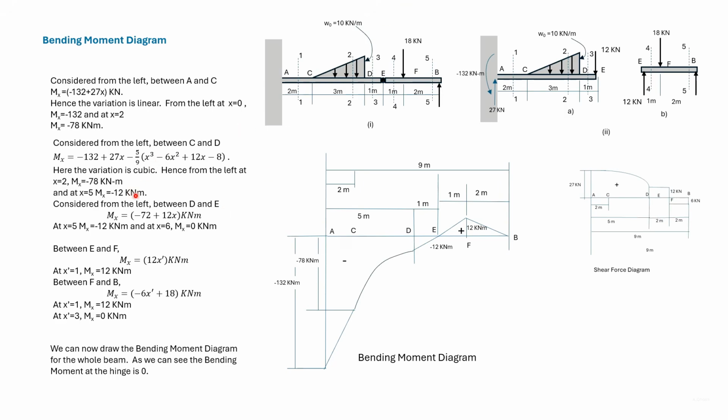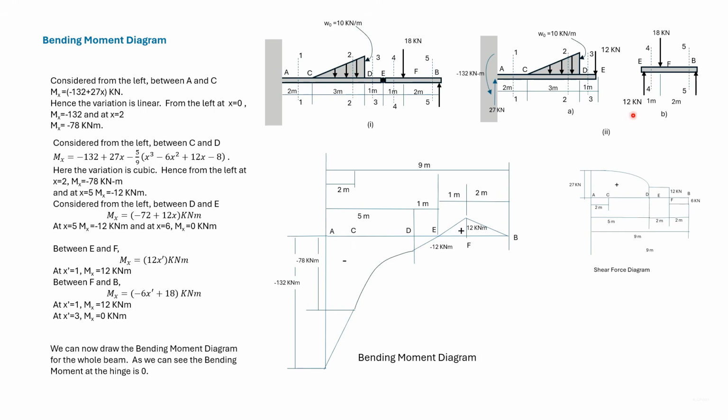The fact that the bending moment at D found in two different ways match again serves as a check. The bending moment variation between D and E is linear as shown, and we have drawn a straight line joining the bending moment corresponding to D to the bending moment corresponding to point E.